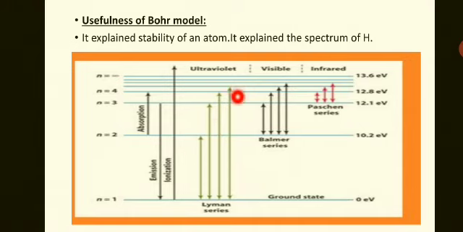For example, in the ultraviolet region, the Lyman series is present. In the visible region you can see the Balmer series, and in the infrared region you can see the Paschen series.